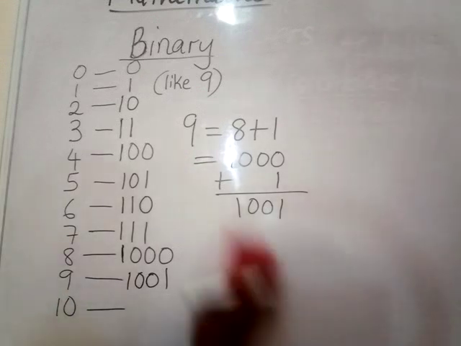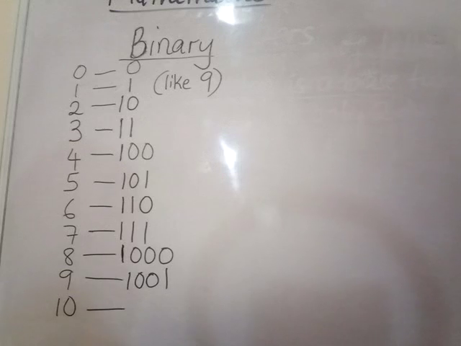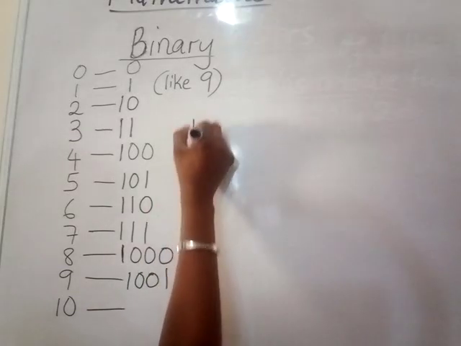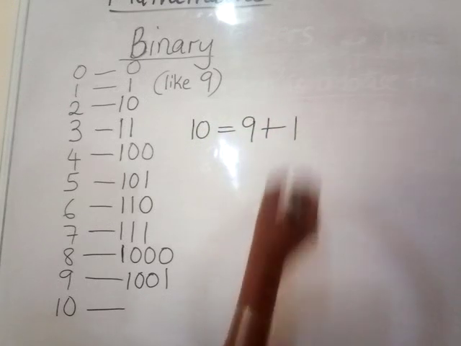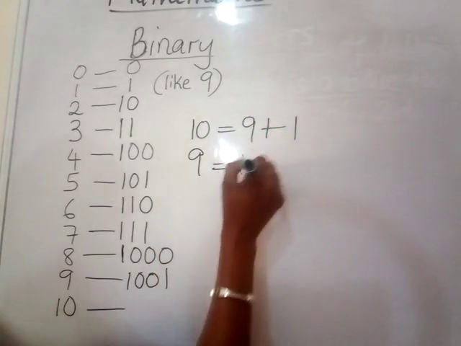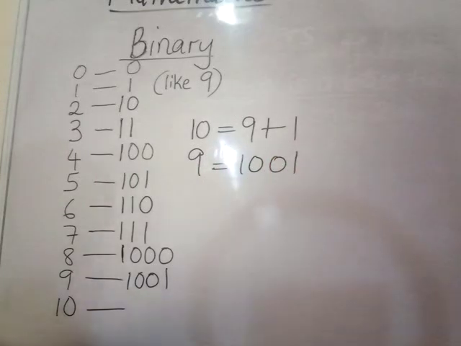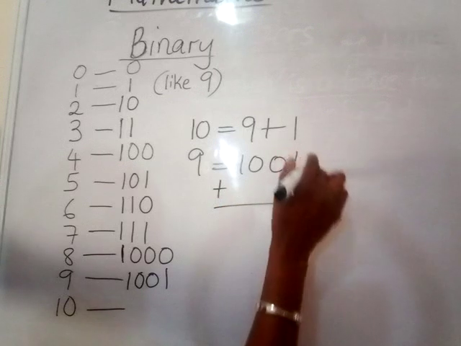So the last number we're going to look at here is the number 10. 10 is the same as 9 plus 1. And we have seen that 9 is what? 1, 0, 0, 1. So let's add our 1 to 9. 1 plus 1 is 2.